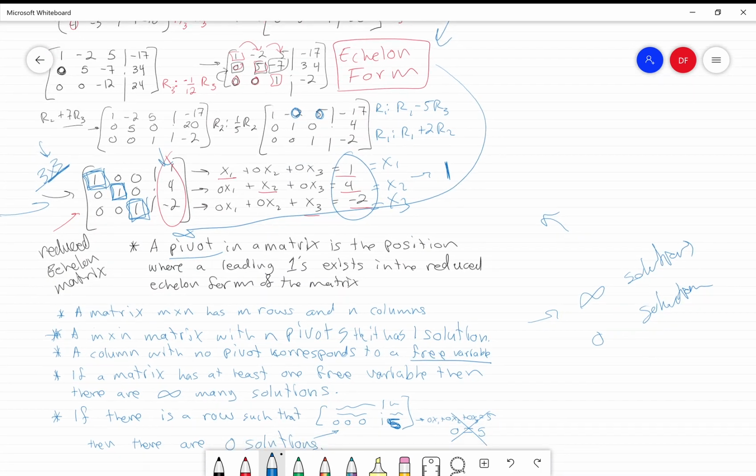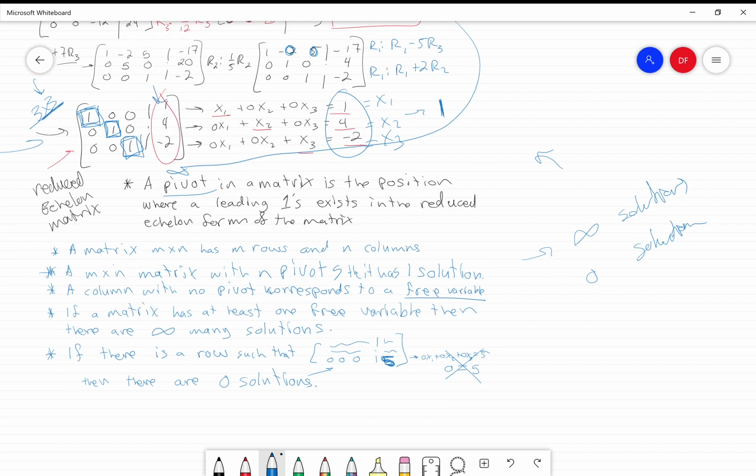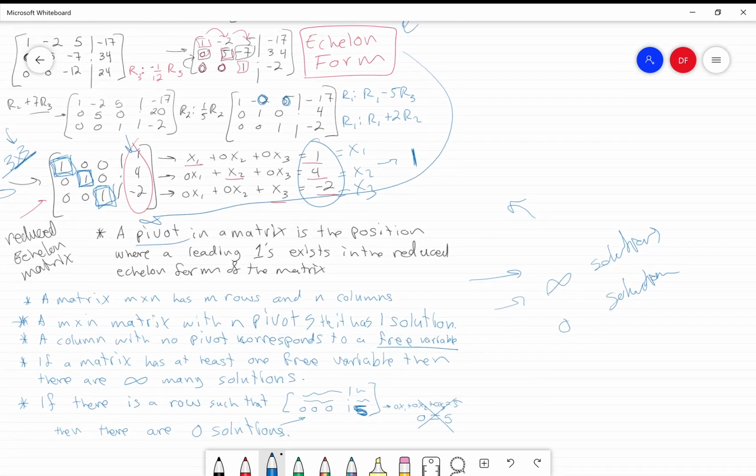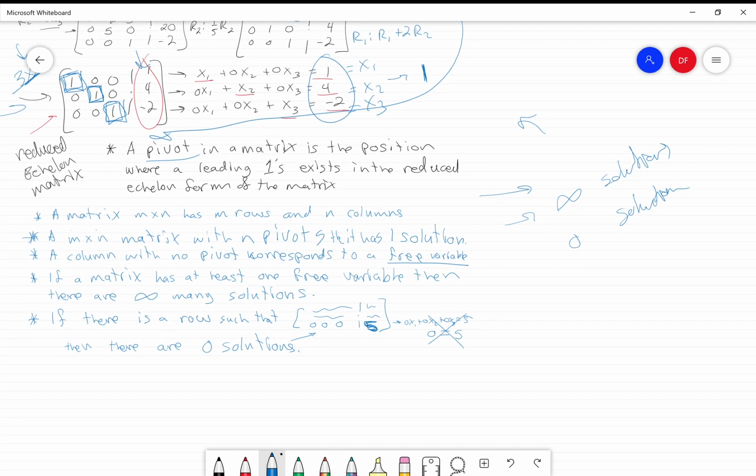That's okay. But when you see that in an example, it's actually not very difficult to understand the concept. So we did an example here with one solution. We will do an example where we get infinitely many solutions in the next video. And we will also do an example where you get 0 solutions.